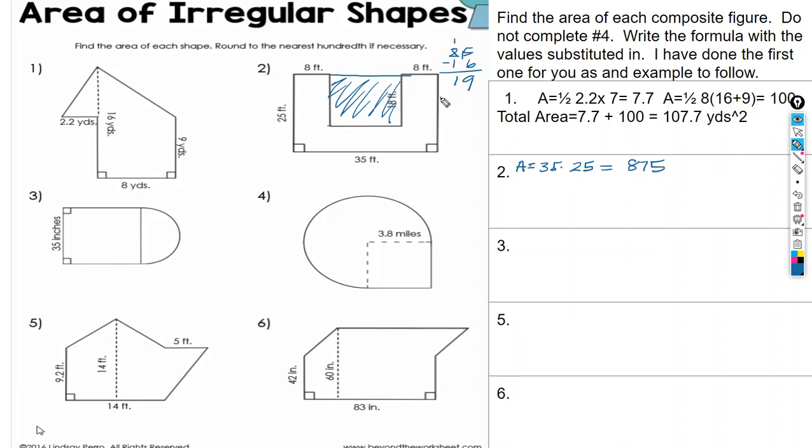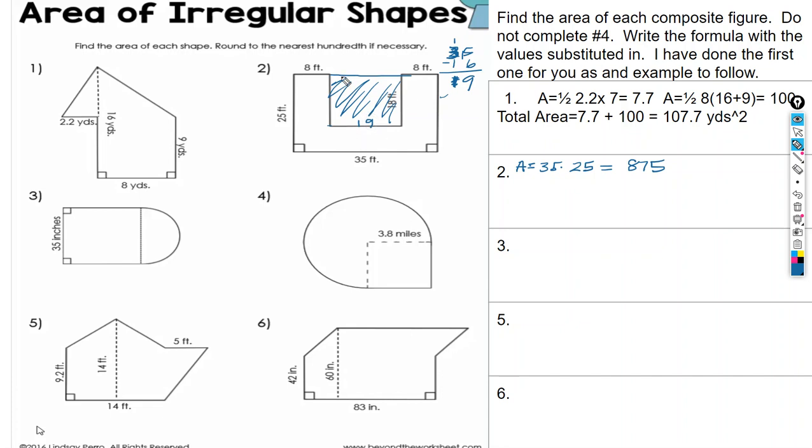Oh, because that's supposed to be 35. Wait a minute. Okay, so it is 19. Okay, done too much math today. All right, so this is 19.